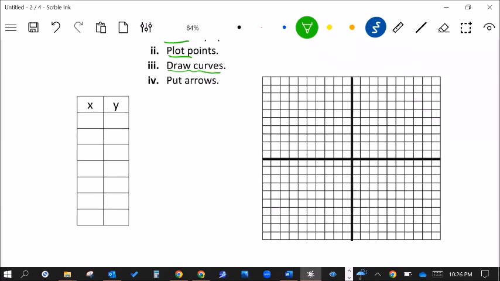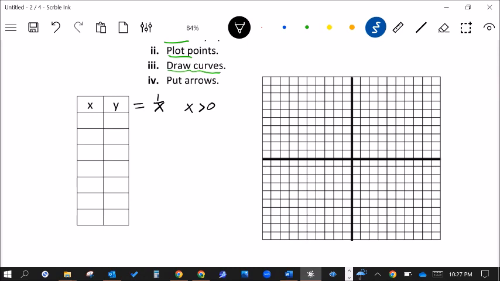Let's think, what should I do for this one? Well, we could graph the basic 1 over x, actually, and let's see how it works. So x cannot be 0.